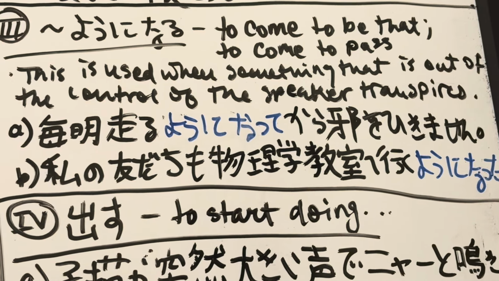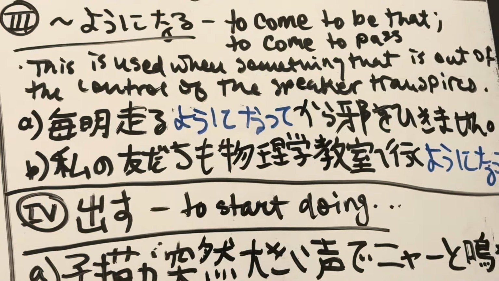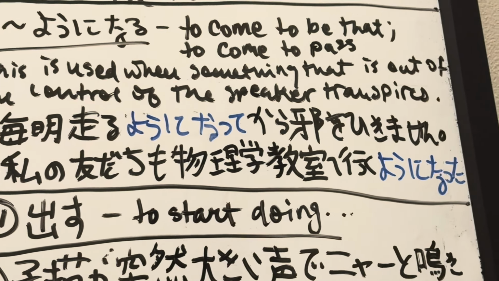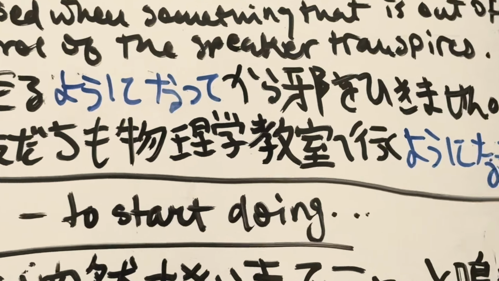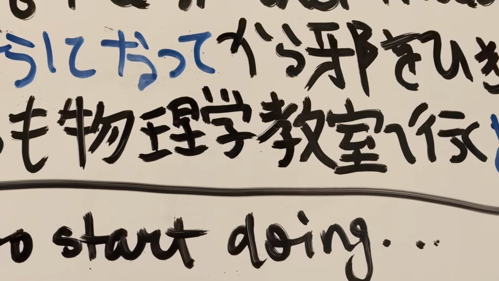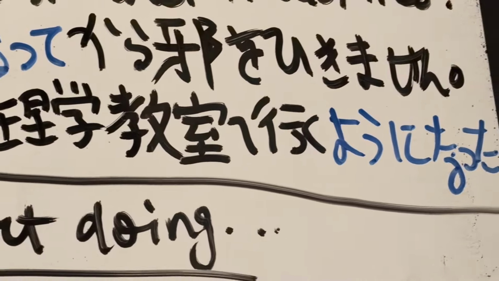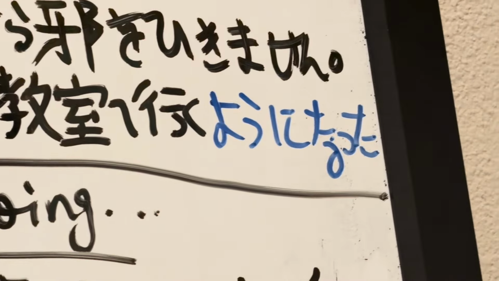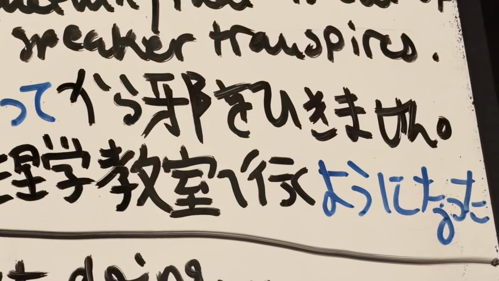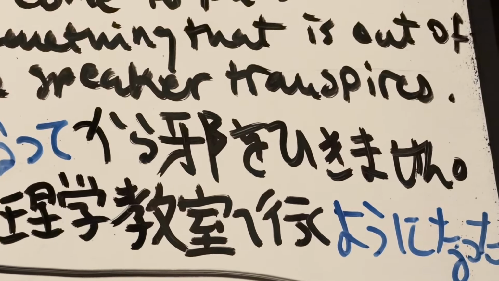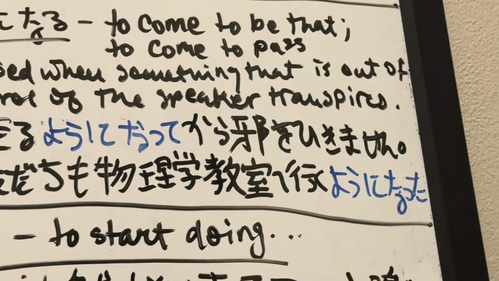So my friends, 私の友達も as well, so also my friends. 物理学教室 is that middle cluster of kanji right there. So the physics research room, へ行く to go to. ようになった. So it was just suddenly, not really suddenly, but my friends just kind of started to do this. It's come to be that they go there as well, right? It's come to be some sort of state.